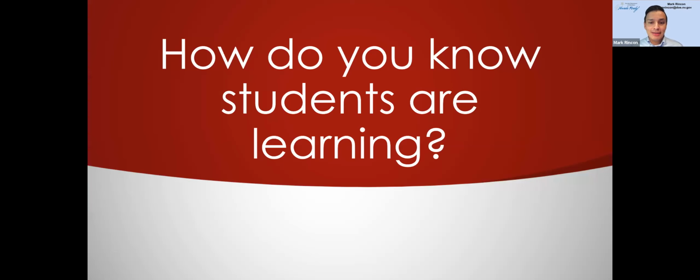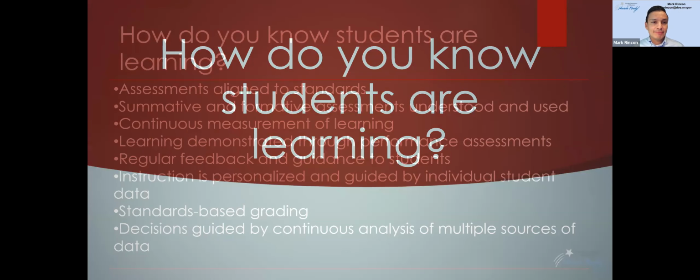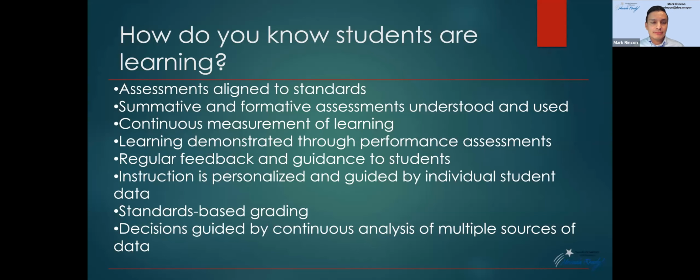We're going to go to our next slide. So let's see how we did. On this slide, we're going to examine whether we hit some of the targets. When we're thinking about how our students are learning, we want to look at assessments that are aligned to our standards, summative and formative, to make sure they're utilized correctly.